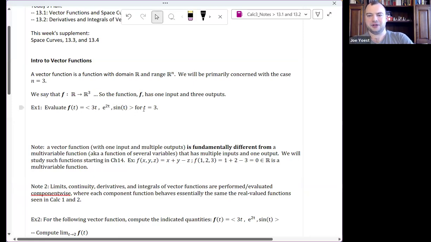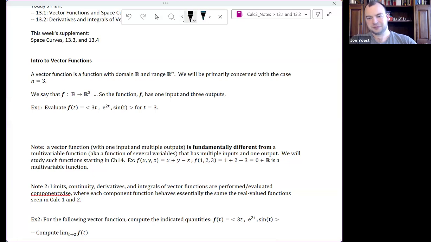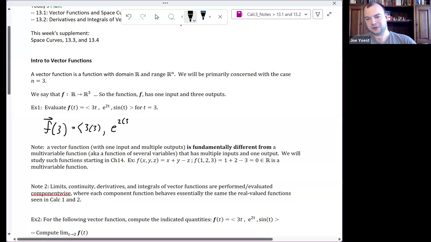And we want to evaluate this function for the input t equals 3. So in other words, we want to know what is f of 3. And because f is a vector, I'll write it with a little vector arrow over top when I write it by hand. So we want to know what is f of 3. Simple enough. This is the vector with three components, the first of which is 3 times 3, the second of which is e to the 2 times 3, and the third component, sine of 3.